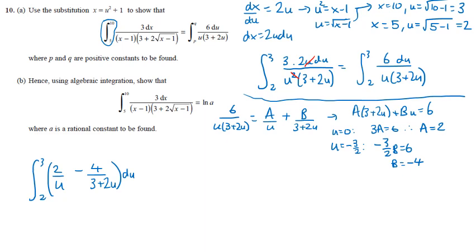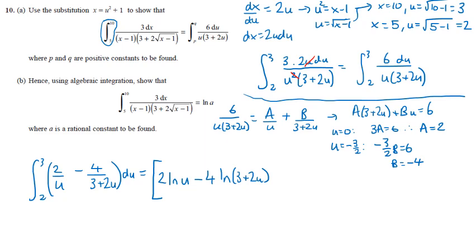And we can do those integrals now. 2 over u is just 2 times log u. Usually we'd put modulus bars around the u as well, but the limits here are both positive, so it doesn't really make a difference. And then minus 4 times logarithm of 3 plus 2u.